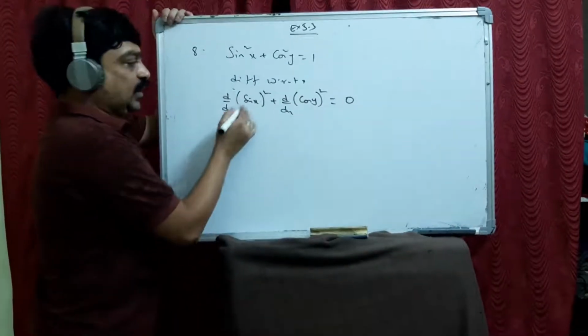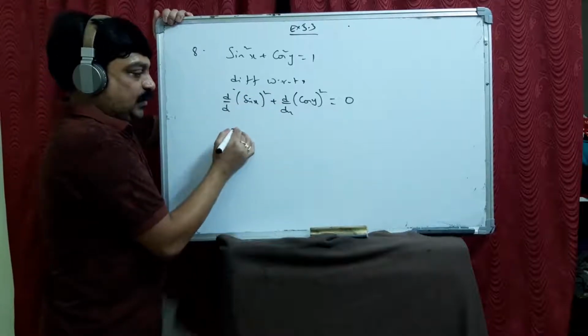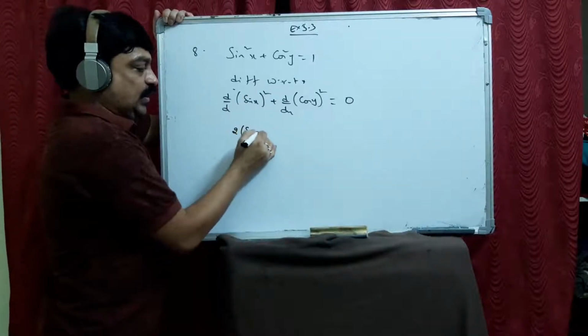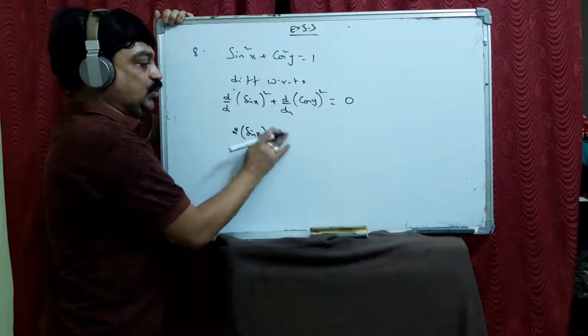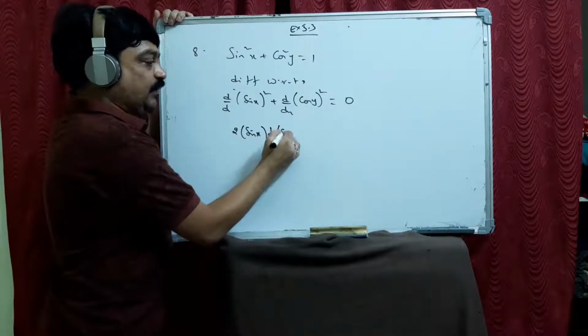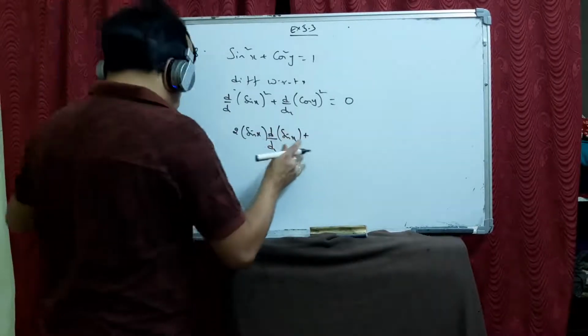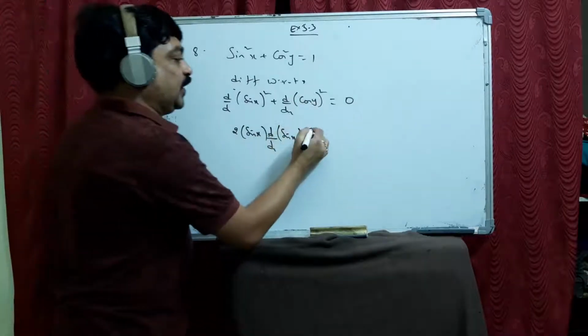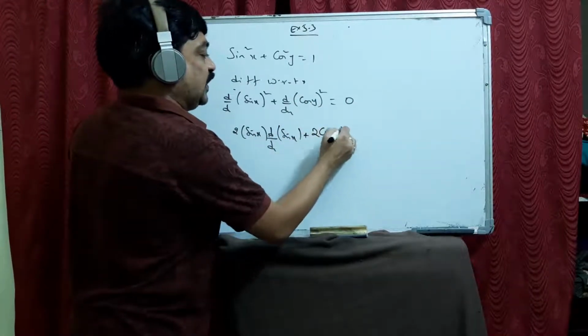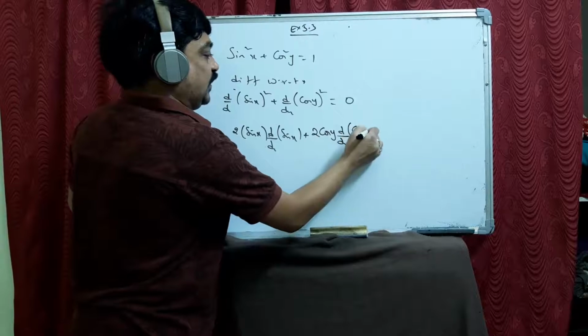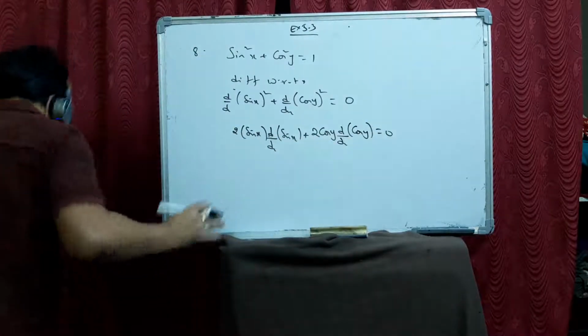Now, x square, treat it as x square, it becomes 2x. 2 into sin x into, by chain rule, d by dx of sin x, plus it becomes 2 into cos y into d by dx of cos y, is equal to 0.